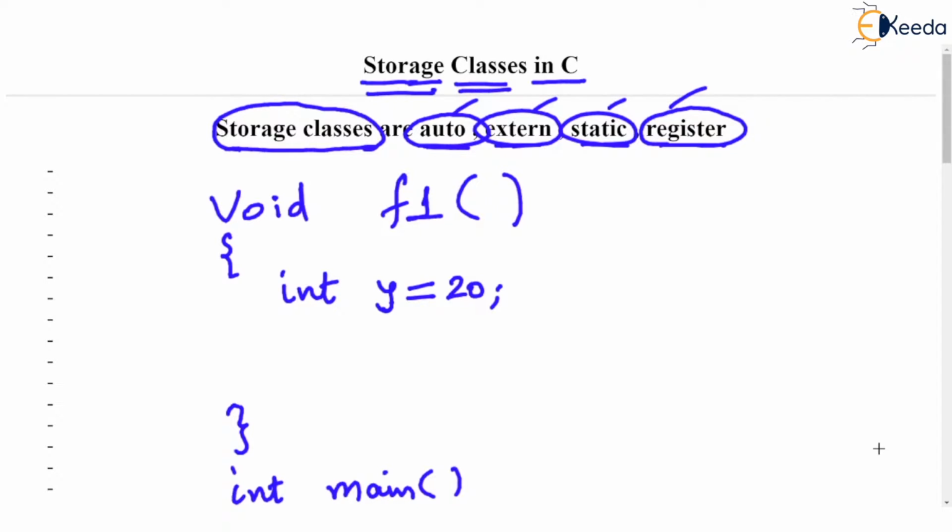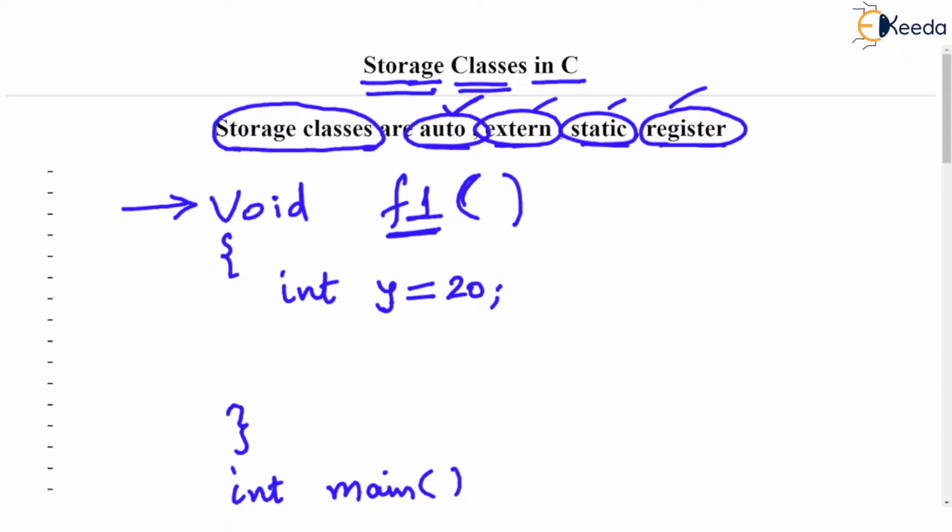The way in which we are going to understand storage class is not by writing the definition of storage class straight away. Anyway, let's start with the first storage class, auto, and what it means. Here below I have written one very simple sample code, where there is a function called f1. f1 is the name of the function, and it is a void function, so it is not returning any value.